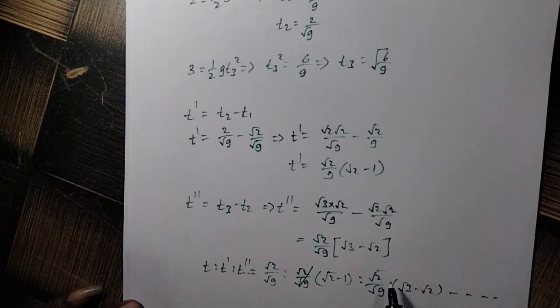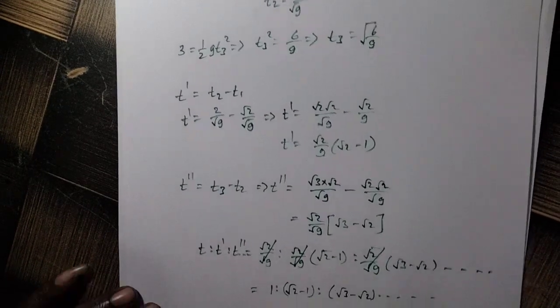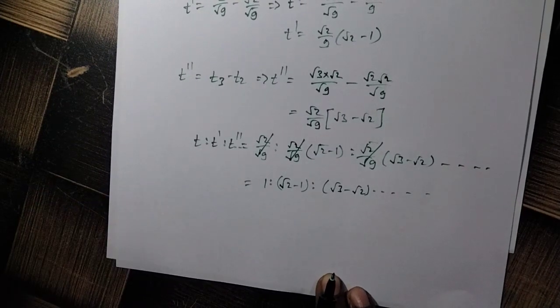Root 2 by root g cancels. 1 is to root 2 minus 1 is to root 3 minus root 2, and so on. So this is the solution for the problem.